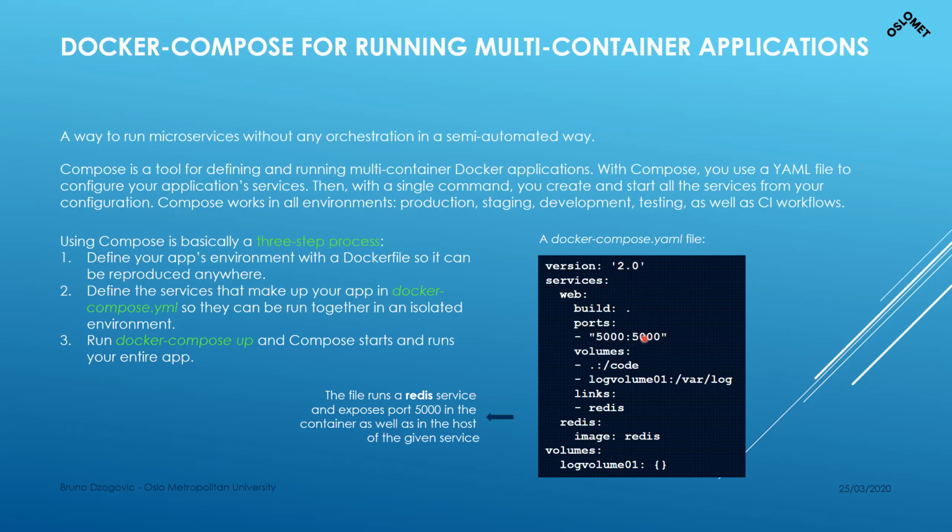So if 5000 is taken on your physical host by something else, or 8000 is taken by something else on your other VM or wherever you're running the container, you can expose other ports on the physical host to some port in the container. So when this port is accessed from outside, it will trigger port 5000 on the container.